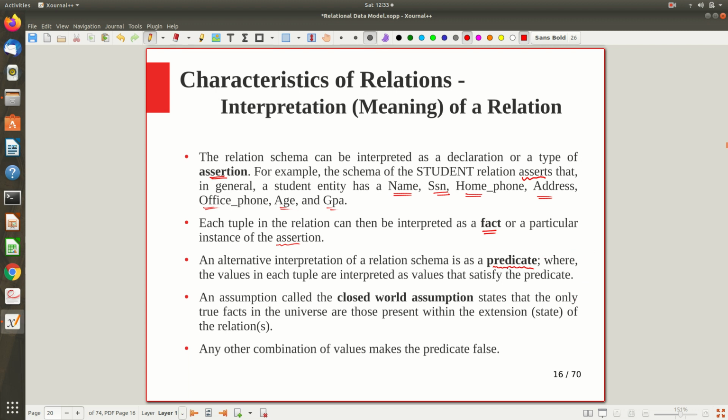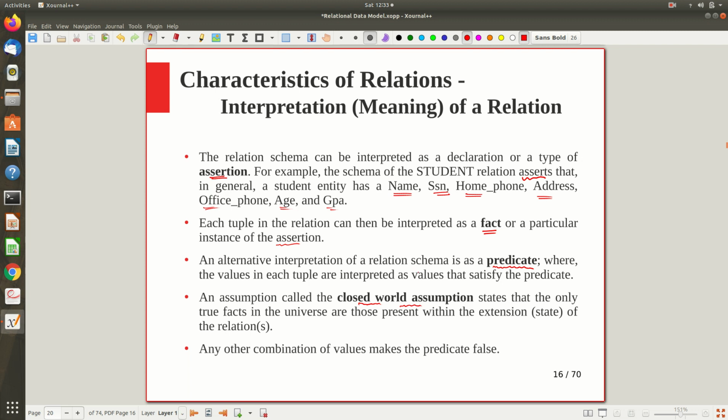A valid tuple in the sense that it should come from the domain for each attribute, and in that case it will satisfy the predicate. Then there is an assumption called the closed world assumption. This is another terminology. It's not so important, but these are some different ways of interpreting the relation, that's all.